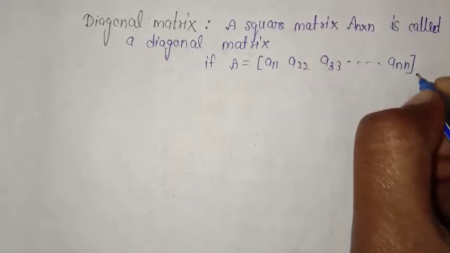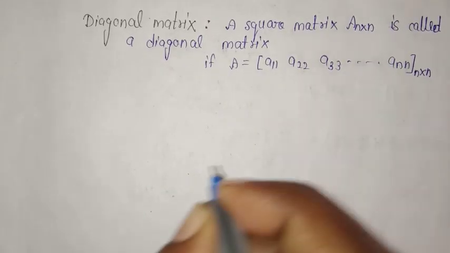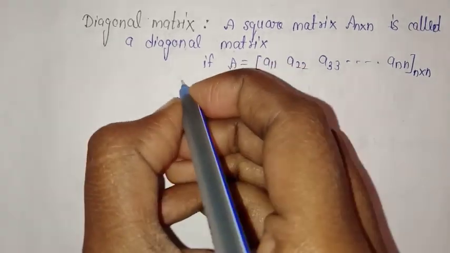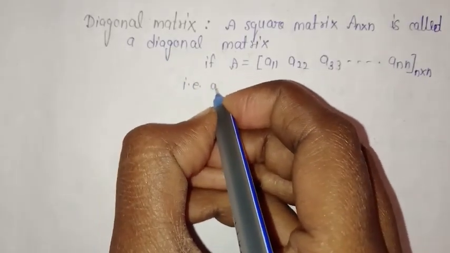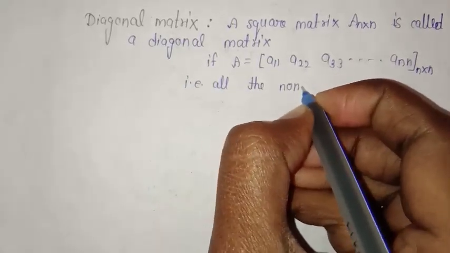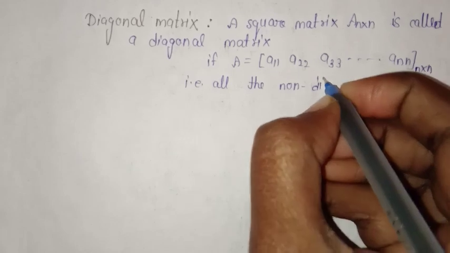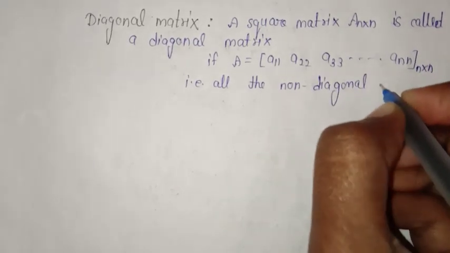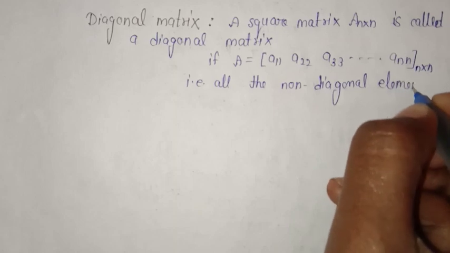Then A is an n cross n matrix in which all the non-diagonal elements are 0.